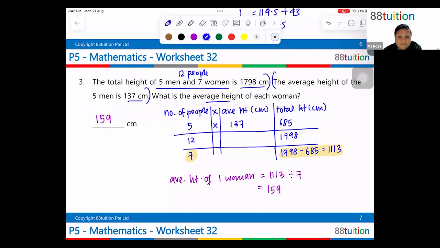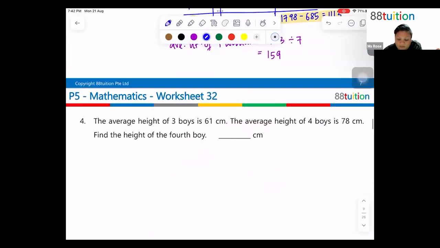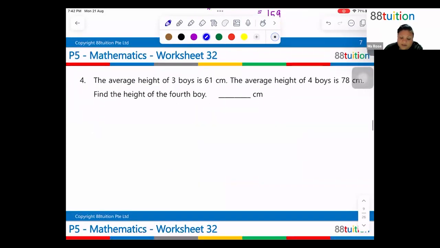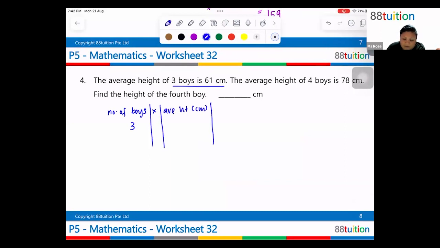Now we're going to look at number 4. It says here the average height of 3 boys is 61. So number of boys, 3. Number of boys times the average height of 61 will give me the total height of the 3 boys, which is 183.